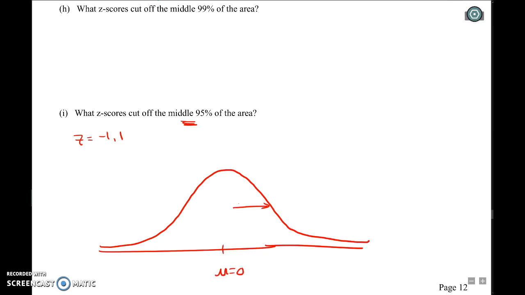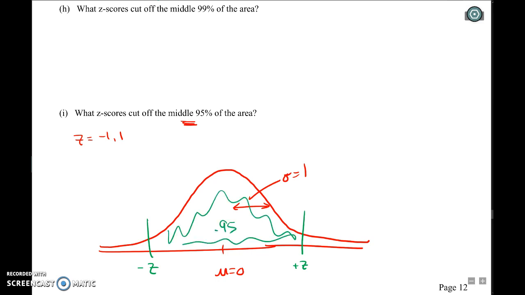Mean 0, standard deviation equals 1. If I want to cut off the middle 95%, so I need a negative z and a positive z value that cuts off 95% in the middle. Now I could do this two ways. I could get this left cutoff by putting in the left area. Since there's 5% on both tails, there is 0.025 on each tail.